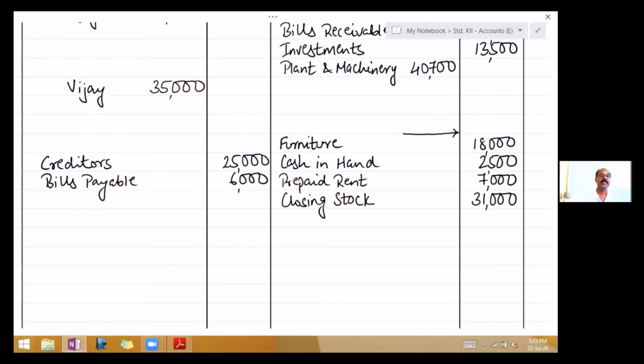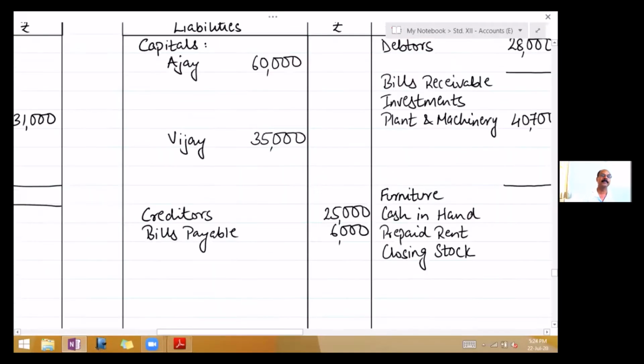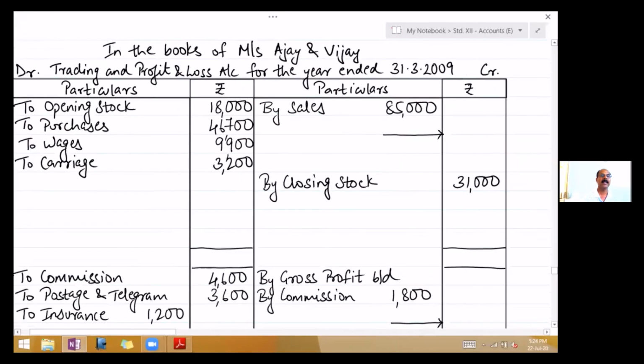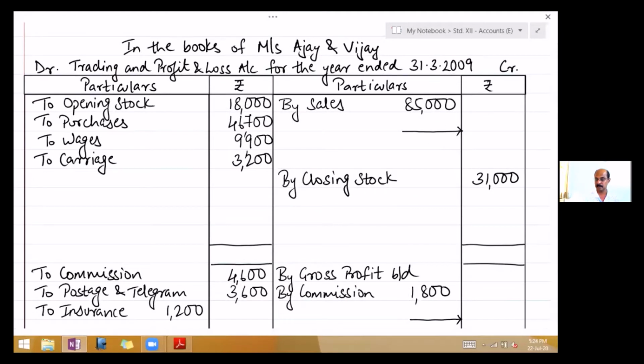So subtract from sale of goods. Go to trading account credit side and write there minus sale of machinery. Sale of machinery 5,000. Outer column 80,000.